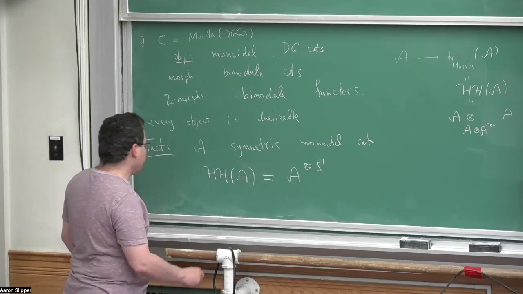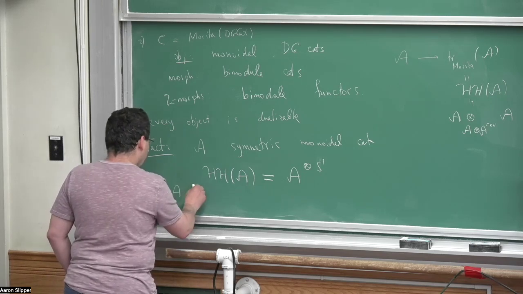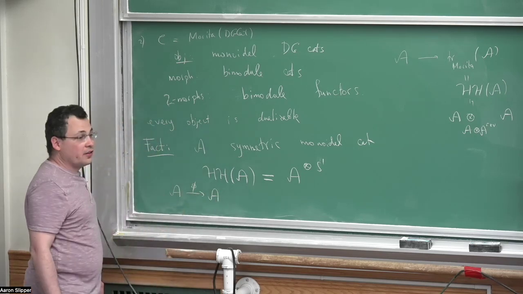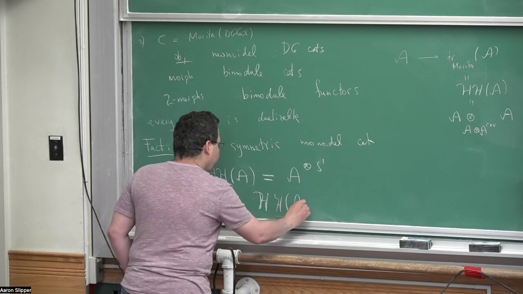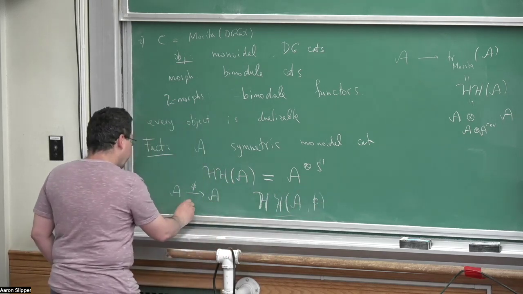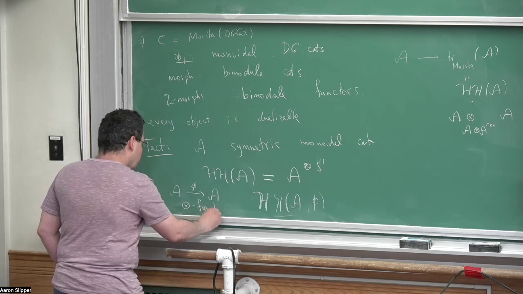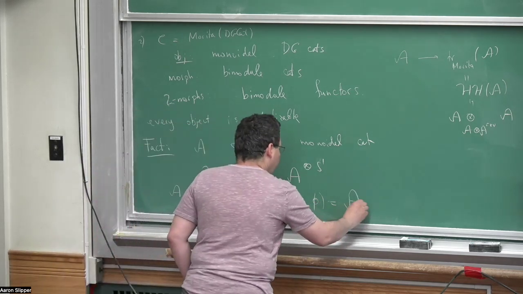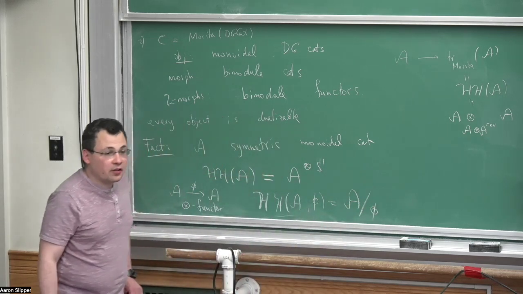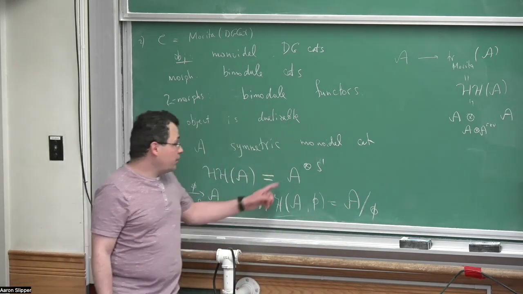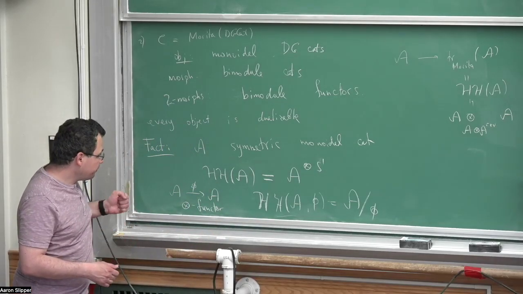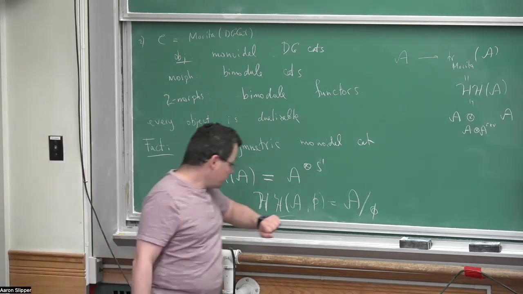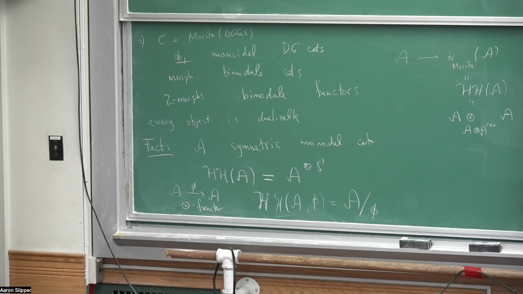And more generally, if I have a map T from A to A, a symmetric monoidal functor, then this funny Hochschild homology of A with coefficients in T is this kind of funny homotopy quotient, in the sense that was before. Okay, great. So that's one fact.